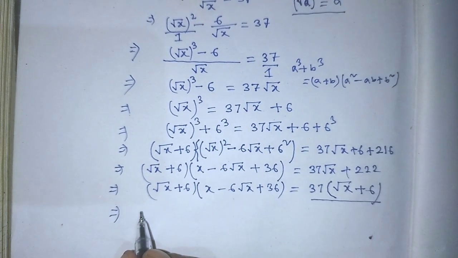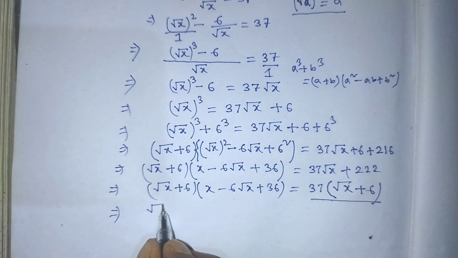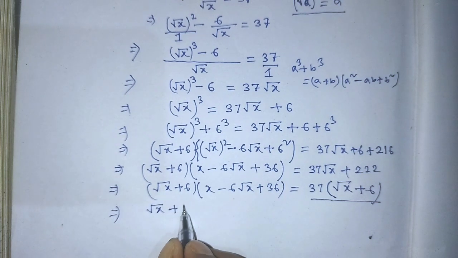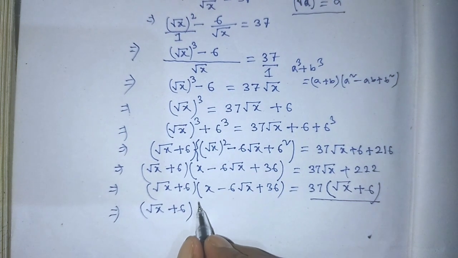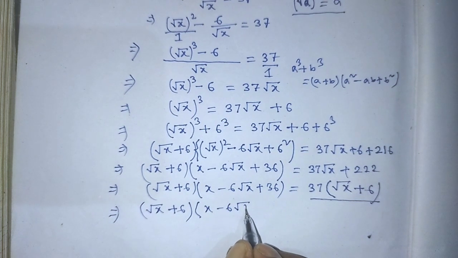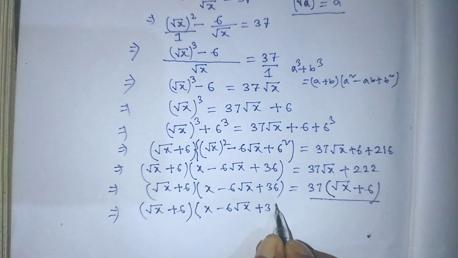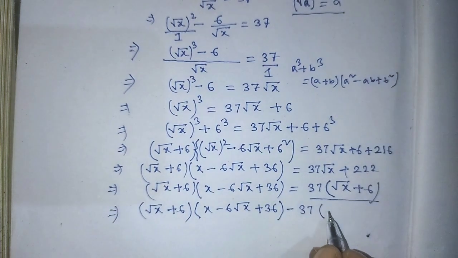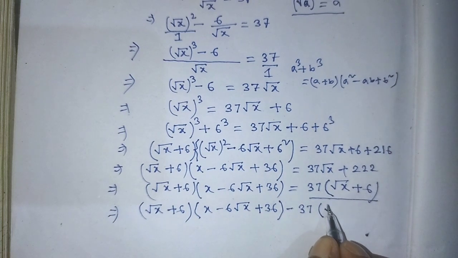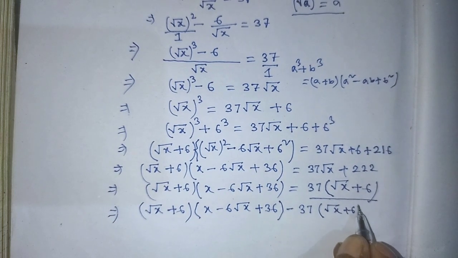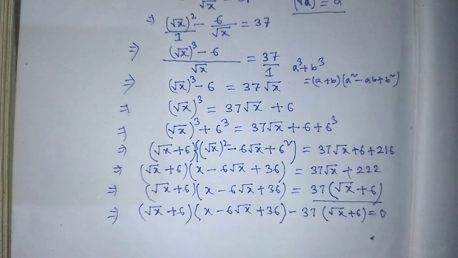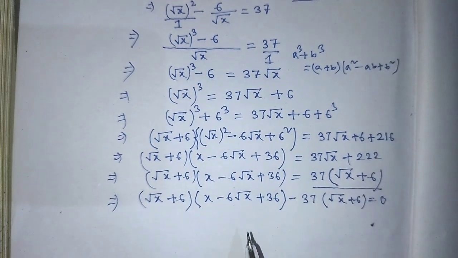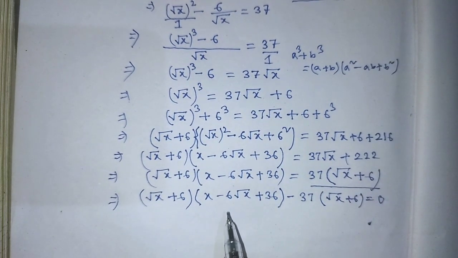Okay, so on the left hand side we have to write (root x plus 6)(x minus 6 root x plus 36), first bracket close, minus 37 (root x plus 6) is equal to 0. So student, on the left hand side of this equation there are two terms.